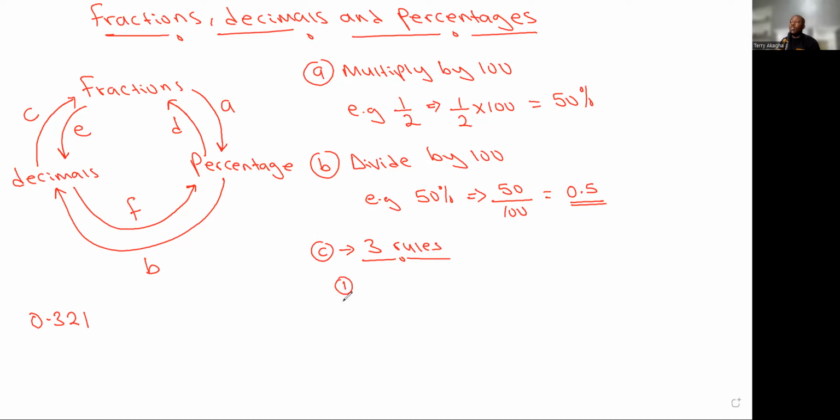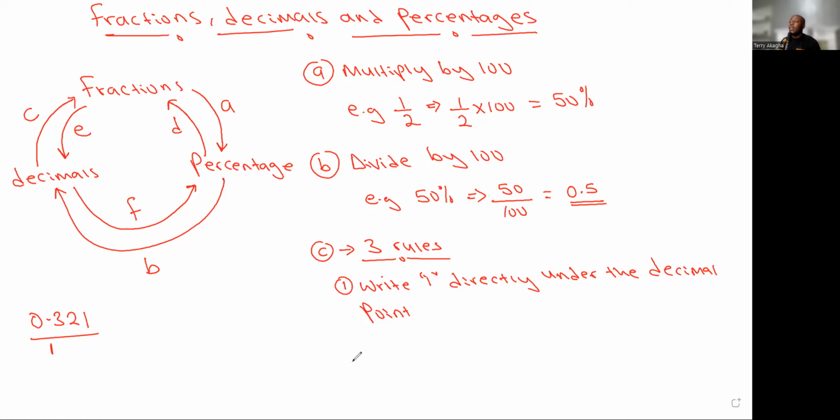The first thing to do is that you write 1 directly under the decimal point. So in this case, the decimal point is here, and you just write 1 under that.